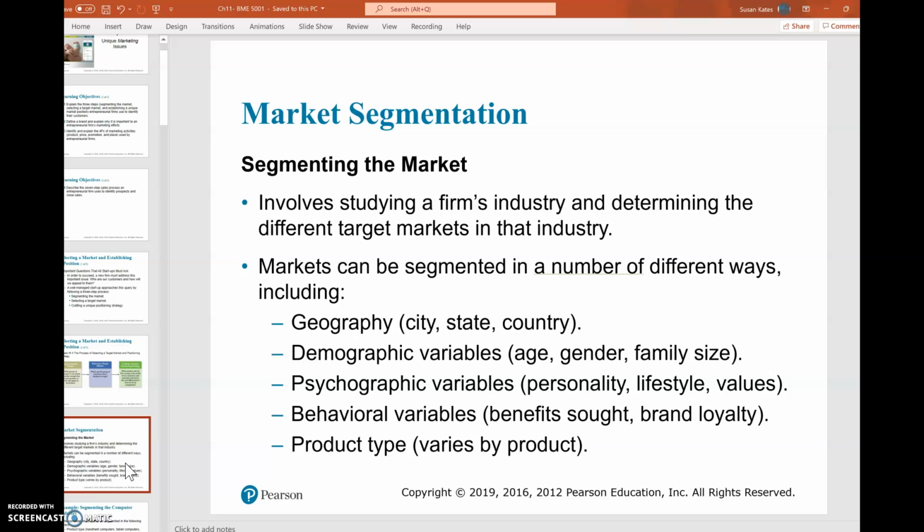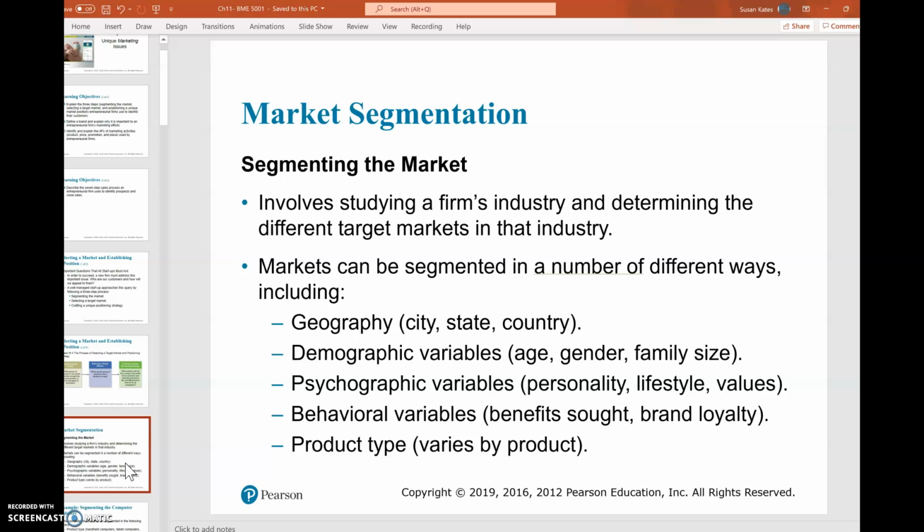Maybe you want to focus in on a certain area, because it might be easier. You don't necessarily want to go global. You might want to stay local. So for example, going back to the dog food, maybe you just want to stick to those in Toronto or Ontario, or maybe Canada, depending on if you want to go that large.